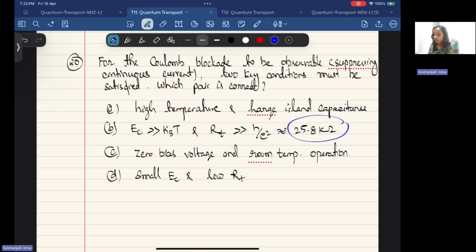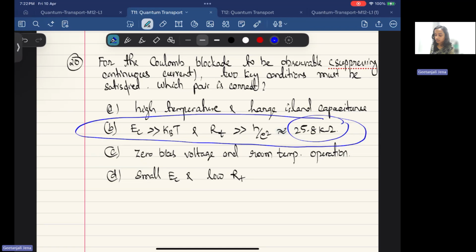Option C, zero bias voltage and room temperature operation. Option D, small EC and low RT. If we recall, to see the Coulomb blockade oscillation we need these two conditions: the charging energy should be greater than the thermal energy, and the tunnel resistance should be greater than h by e square.